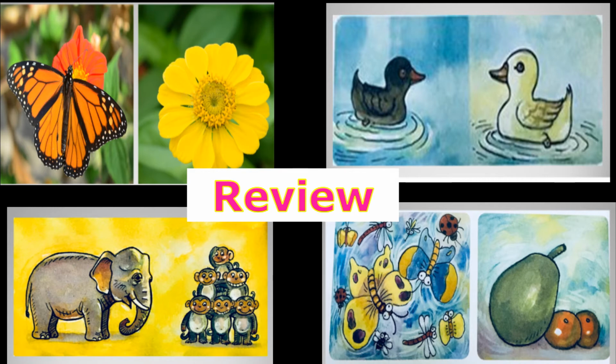For example, the large number of small monkeys balance the large elephant, and the different sizes add interest and can be pleasing to see. So the picture on your screen has a balanced composition.